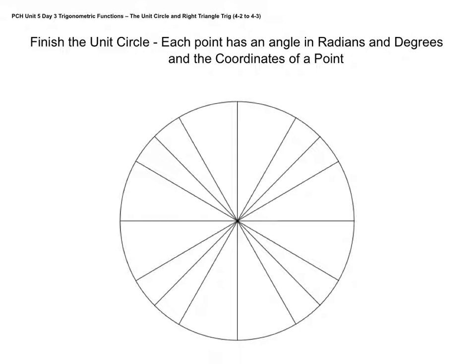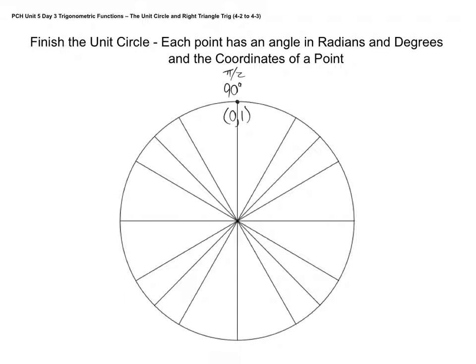You need to know its measure in radians, its measure in degrees, and the coordinates of the point. So, for example, I'll give you this one to start. This is 90 degrees. In radians, that's pi over 2, and that's the point 0, 1.